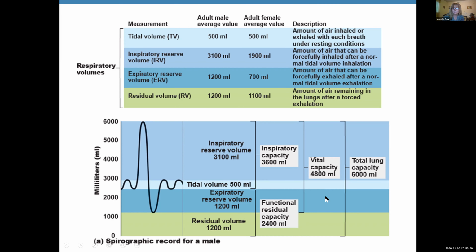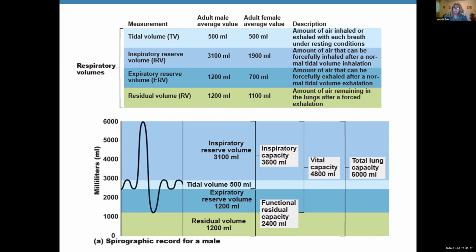That's your vital capacity, because you cannot really touch residual volume. And you have your inspiratory capacity, where you add inspiratory reserve and tidal volume, and your functional residual capacity, when you add expiratory reserve and residual volume.